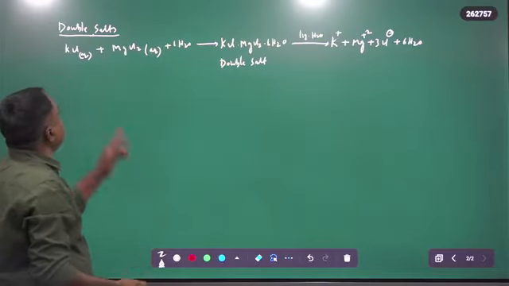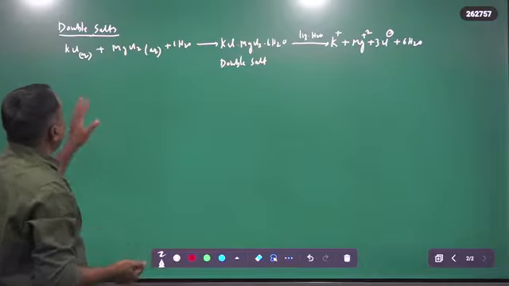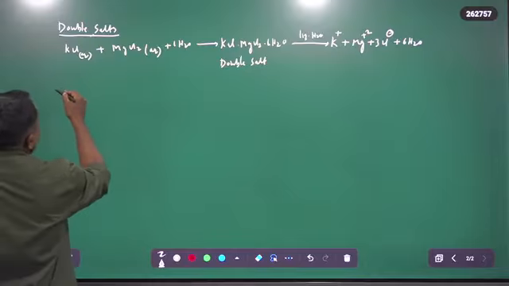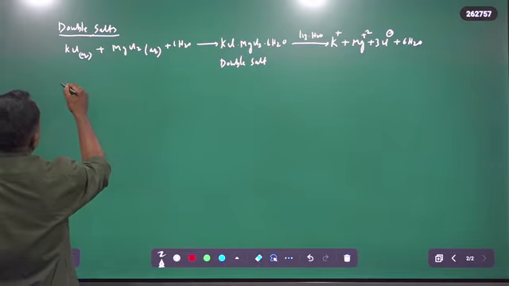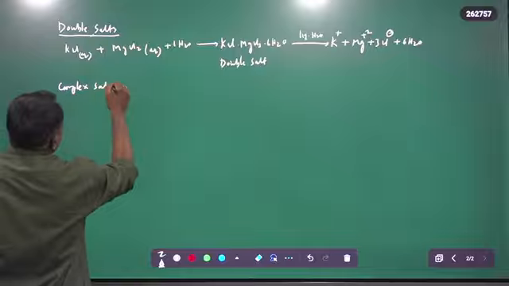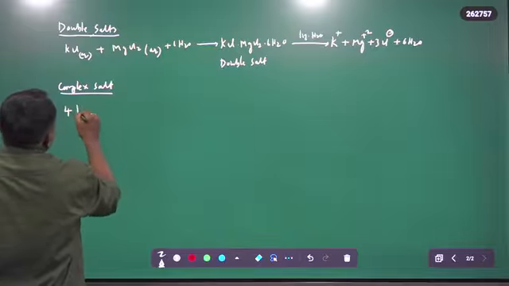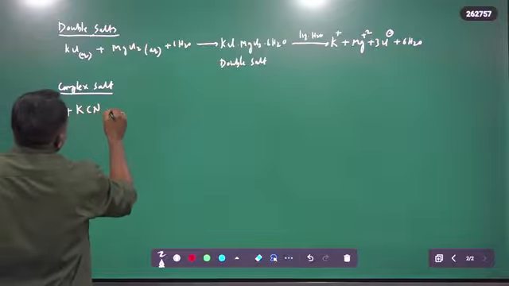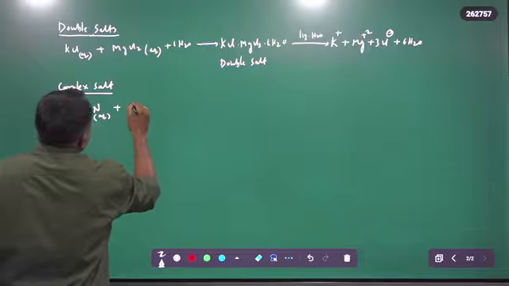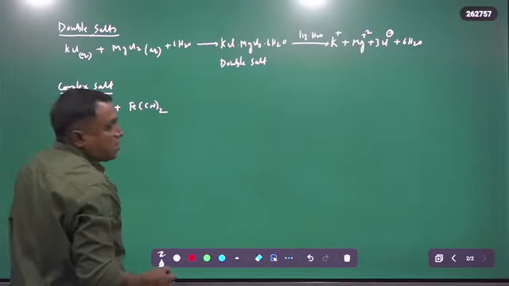Now, how can we define double salts? And what is the other one? That is the complex salt. Suppose you take 4 moles of potassium cyanide aqueous solution plus Fe(CN)2, ferrous cyanide.